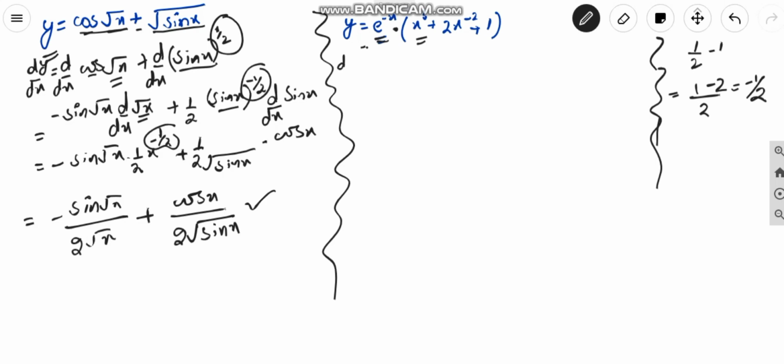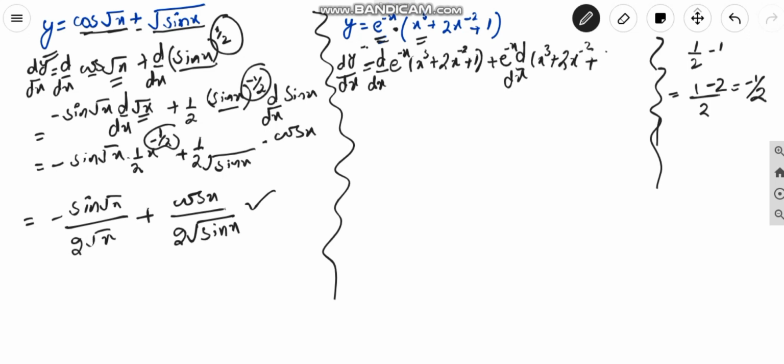So we can apply the product rule, take out the derivative dy by dx: take the derivative of the first function, and the second function will remain as it is, that is x cube plus 2x power minus 2 plus 1, plus the first function remains as it is, and take the derivative of the second function, that is x cube plus 2x power minus 2 plus 1.